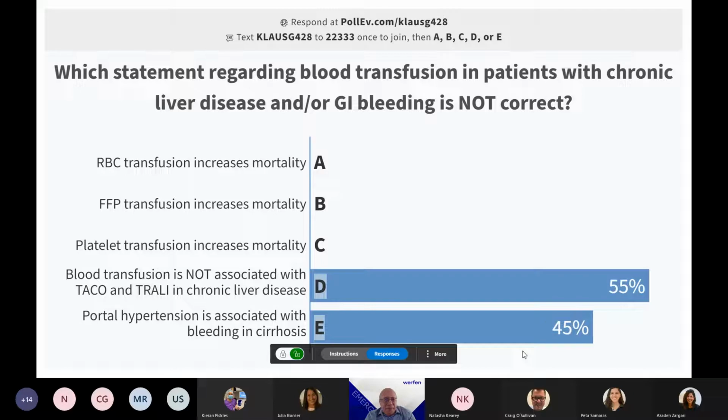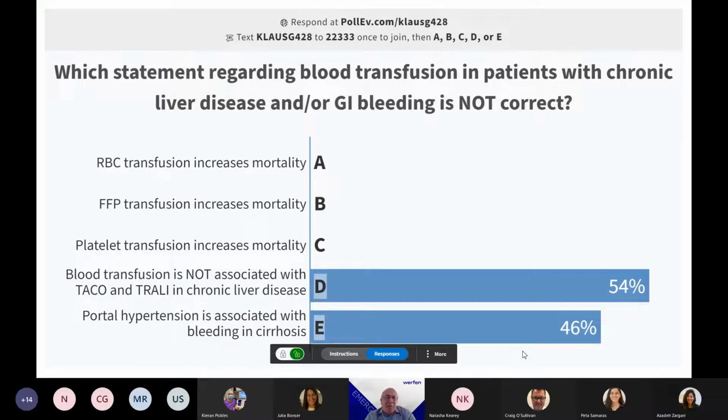Yeah, of course. The question with 2 times no is more or less mathematically, in the end, 2 times no. But I also agree with the majority, because we know that blood transfusion is associated with transfusion-associated circulatory overload and transfusion-related acute lung injury.